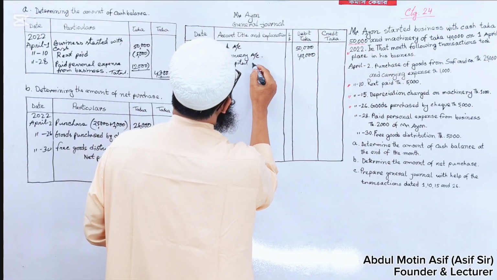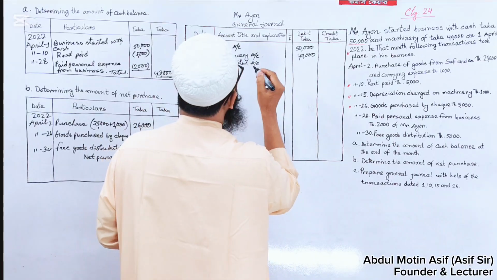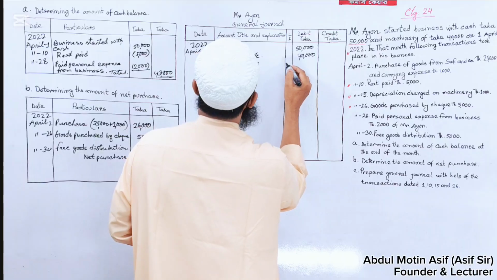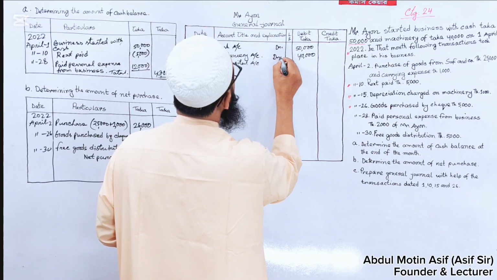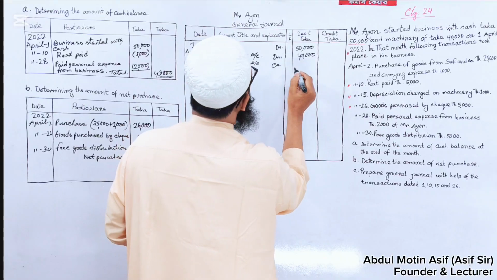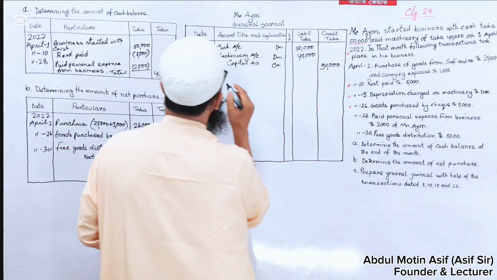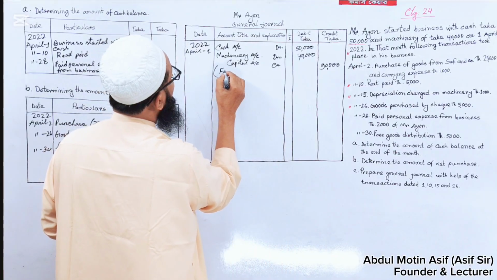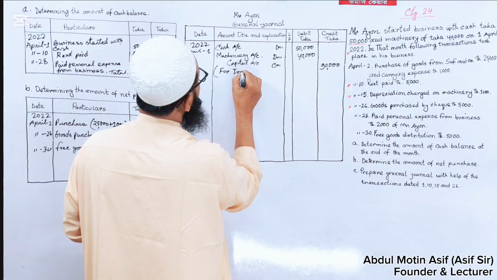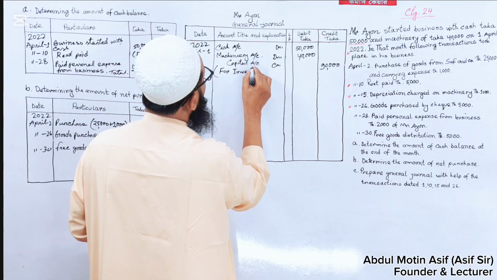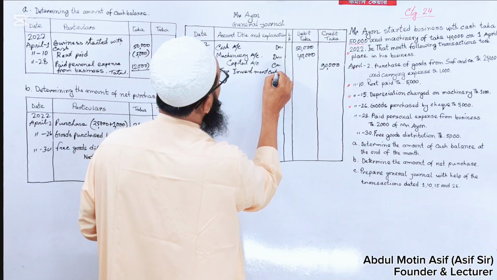Capital increases our equity. For that, capital account always credit. Cash account debit, machinery debit, and capital account credit taka 90,000, for investment of cash and machinery.